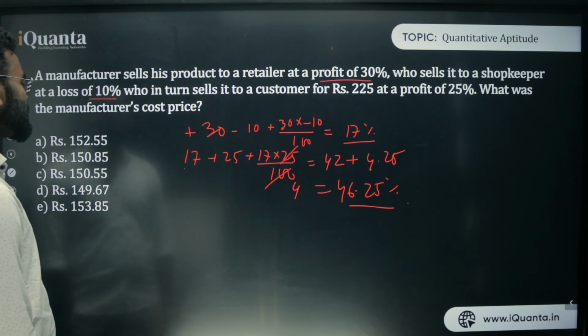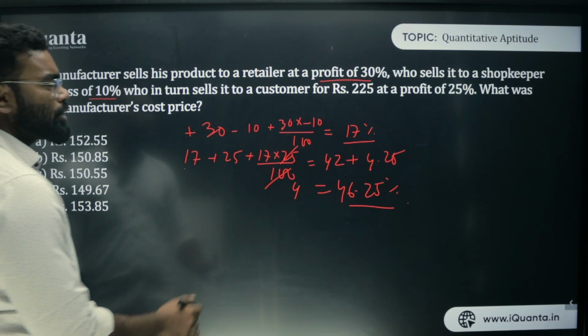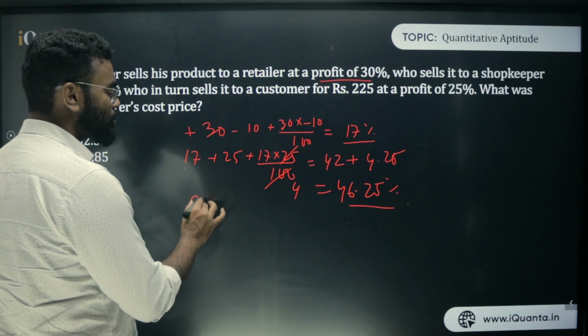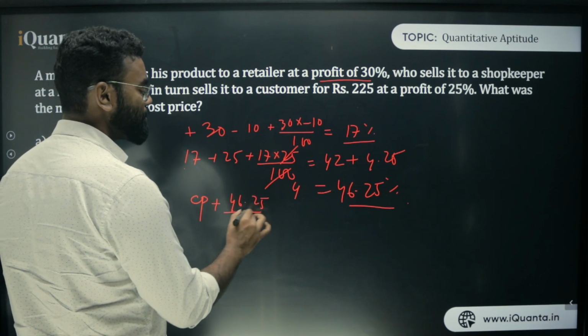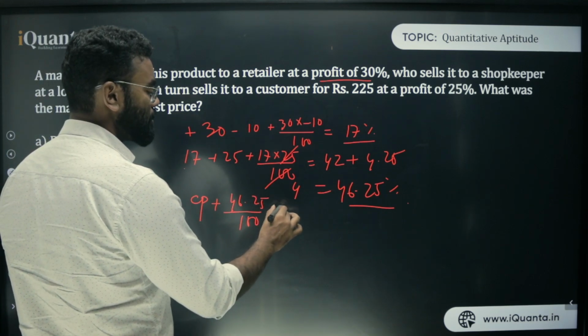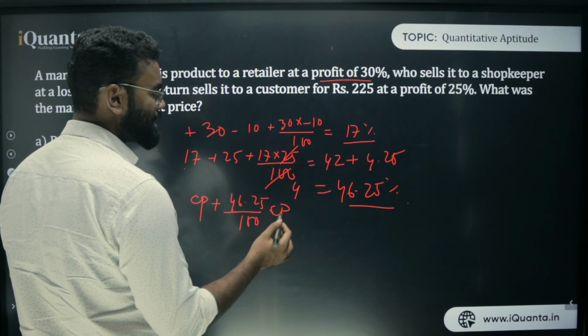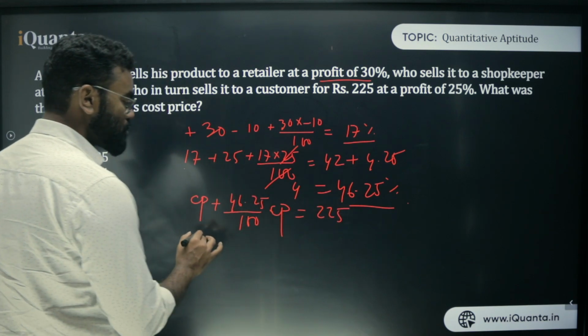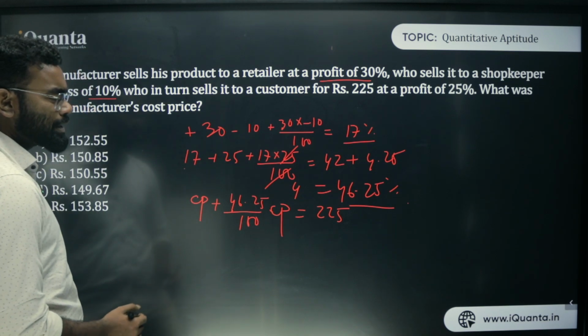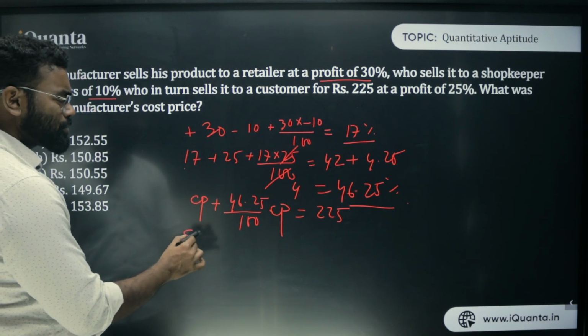Now the manufacturer's cost price they have asked you. So I can say manufacturer's cost price plus 46.25% profit is basically the same as 225. So what is this? This is the cost price.